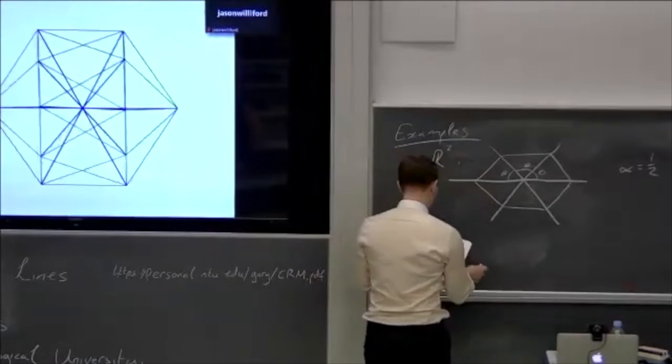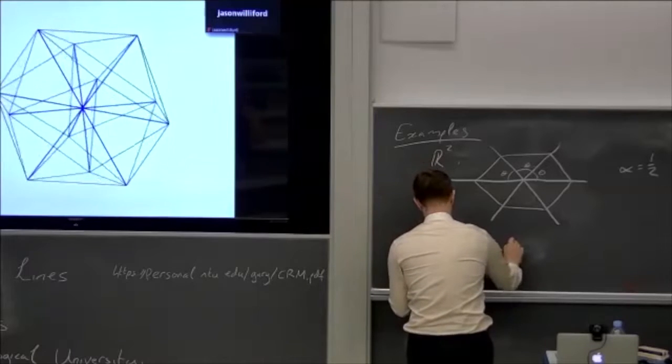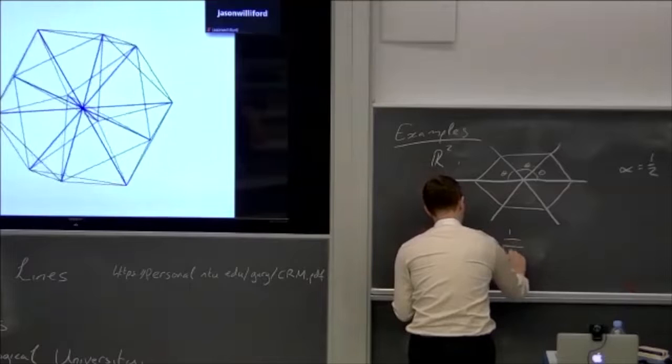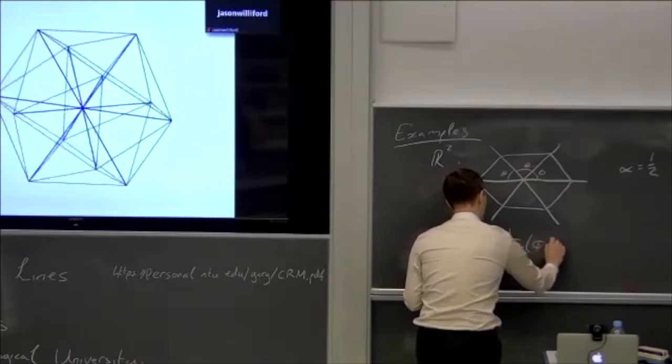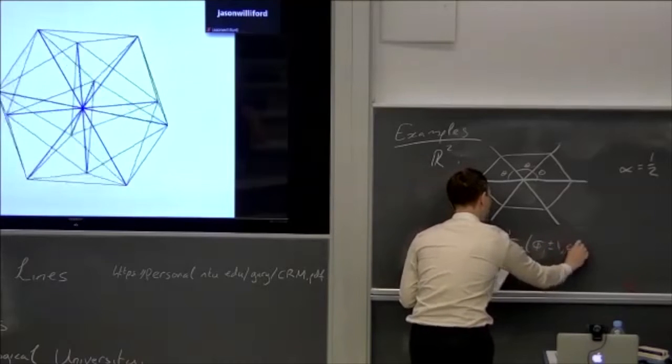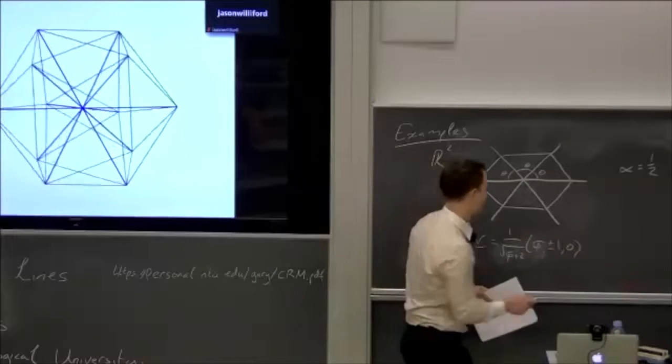And you can also, if you like, think of it in another way. So we can just take some vector, 1 over square root of golden ratio plus 2, with entries golden ratio, plus or minus 1, 0. This is just one vector, but we can take permutations of this vector.